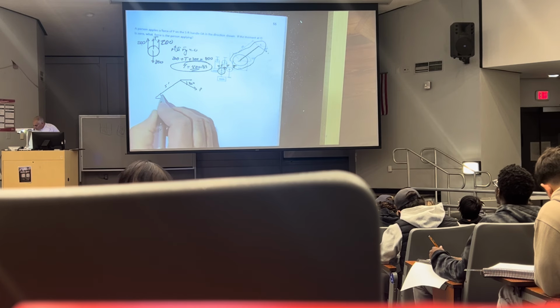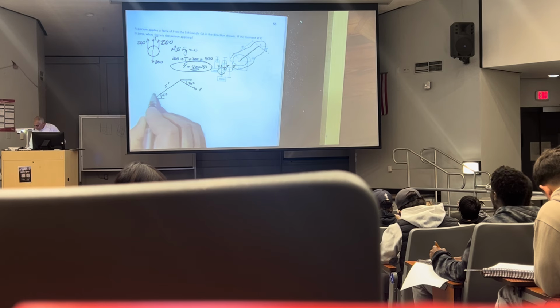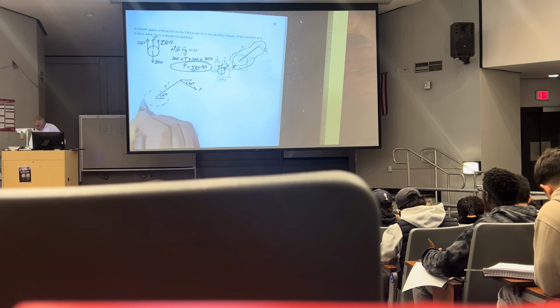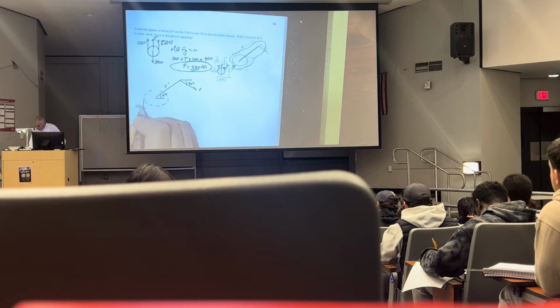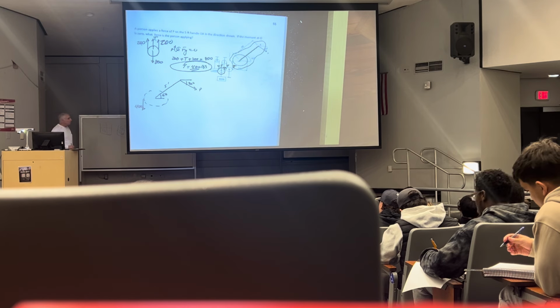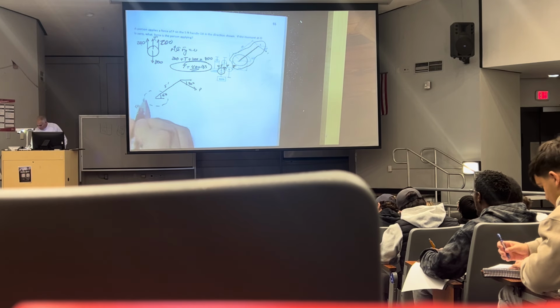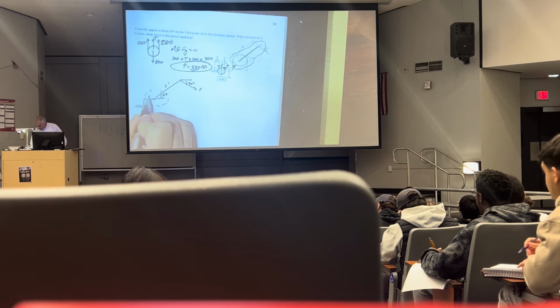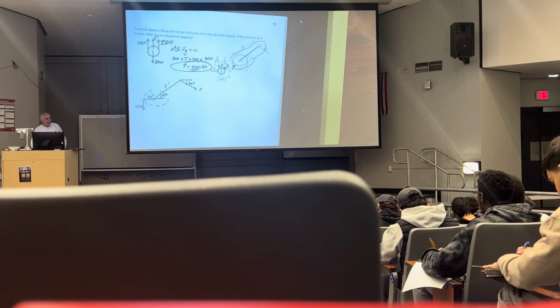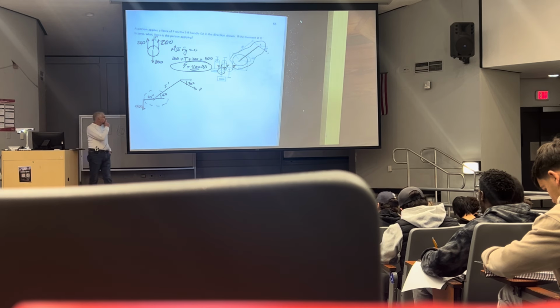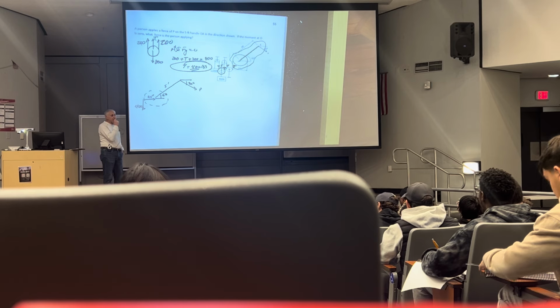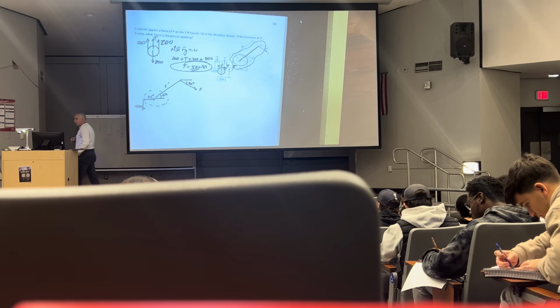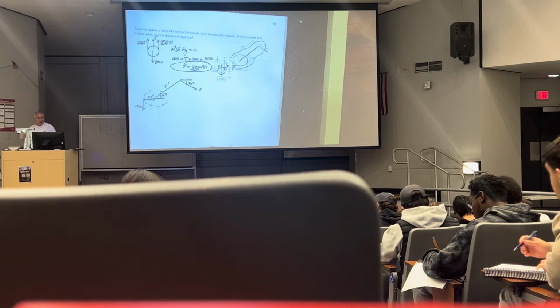This angle here is 60. And I have a cable tension of 400 pounds sitting out here, which is 7.5 inches away from A. Okay? You with me? Who's not with me?